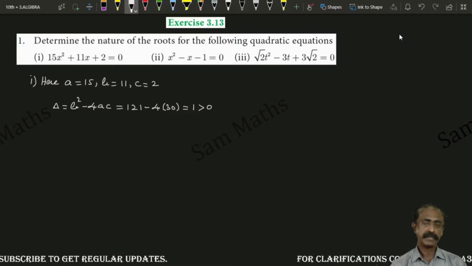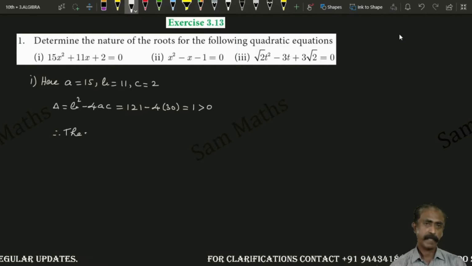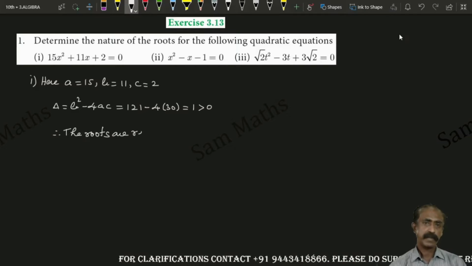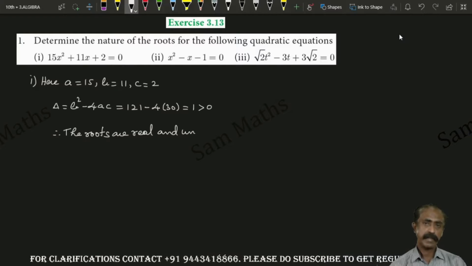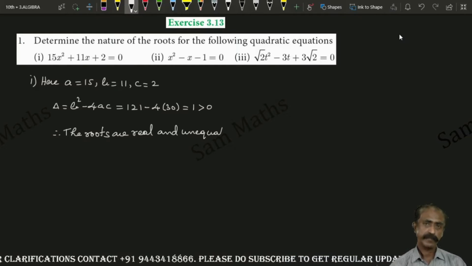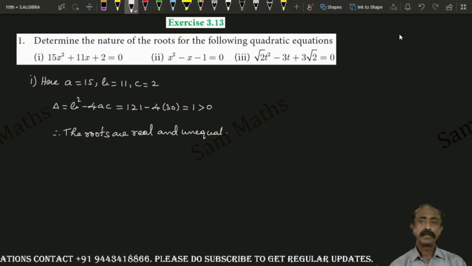This is greater than 0. Therefore, the roots are real and unequal. Clear, children?